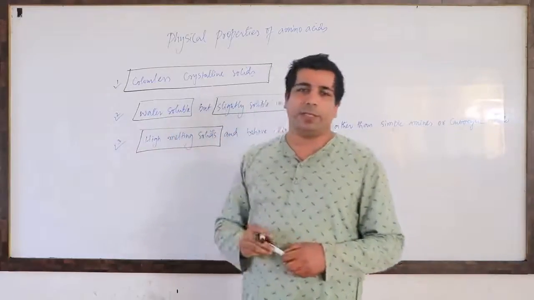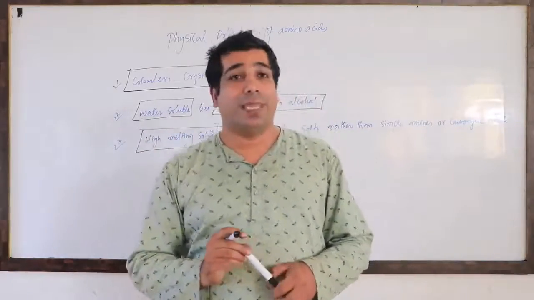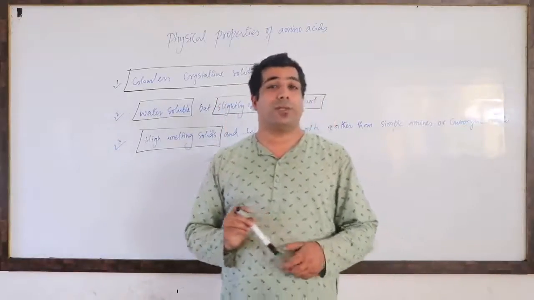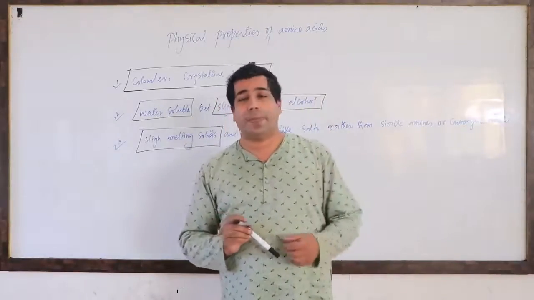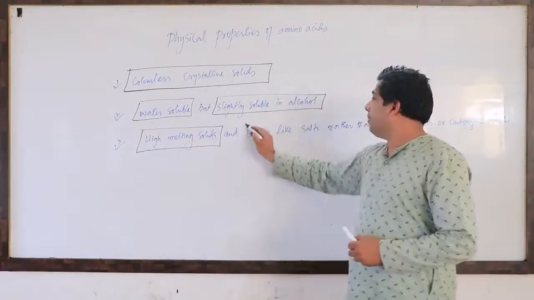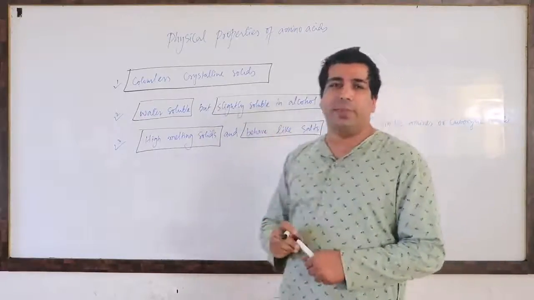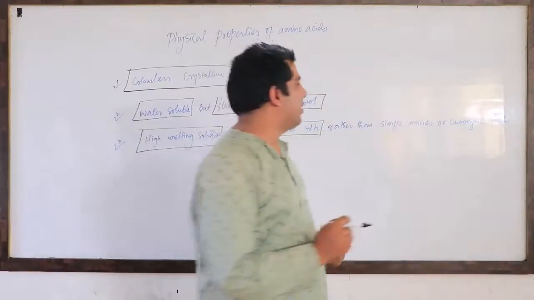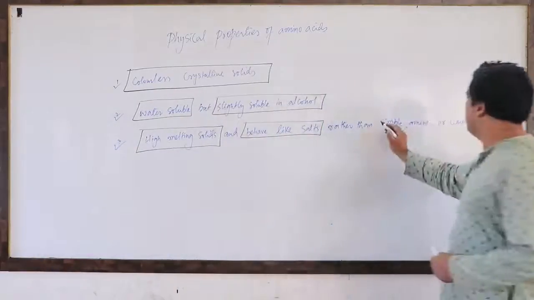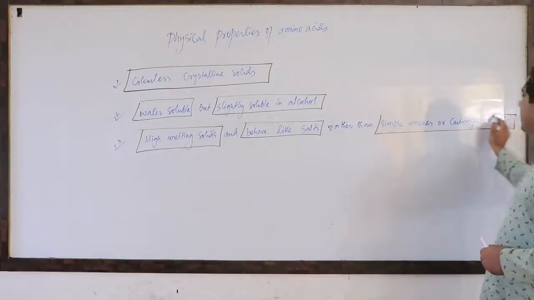Amino acids have a high melting point because they are crystalline solids. And they behave like salts. Your amino acids behave like salts rather than simple amines and carboxylic acids.